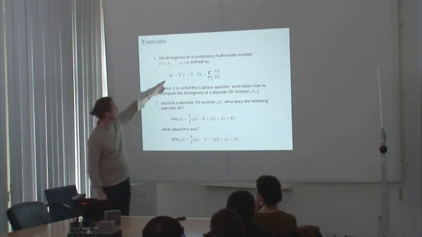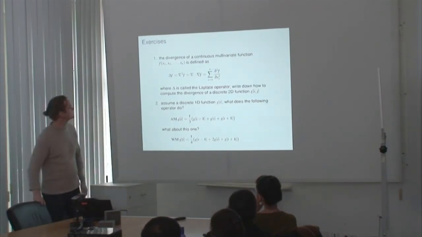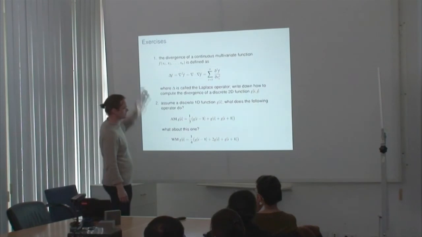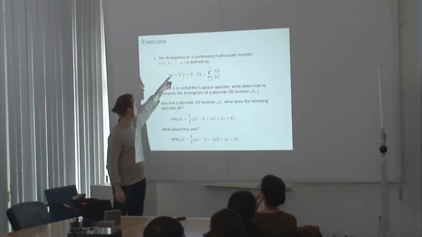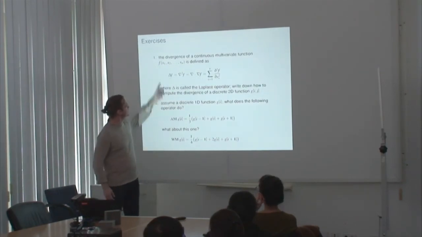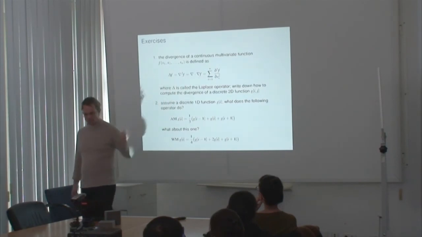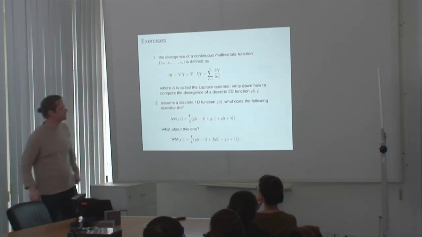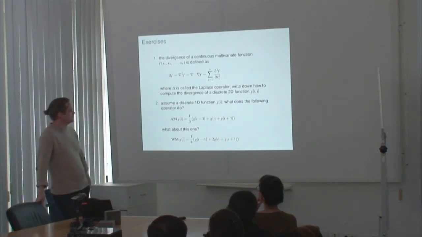And here is why it's unfortunate that I used the delta earlier on, because the divergence operator is just like the gradient operator. It's an operator that operates on a function. It's also called the Laplace operator. It is defined like this. This is the definition of the divergence of a multivariate continuous function.